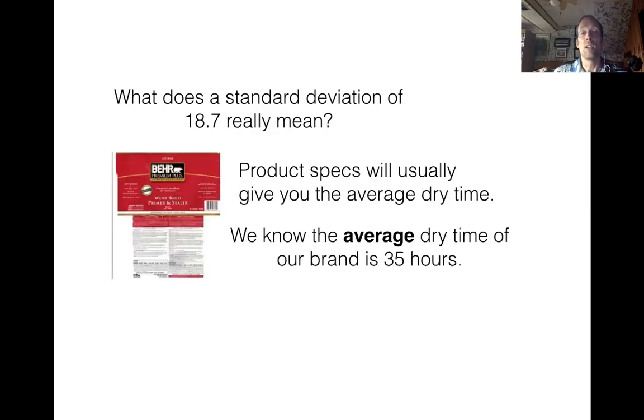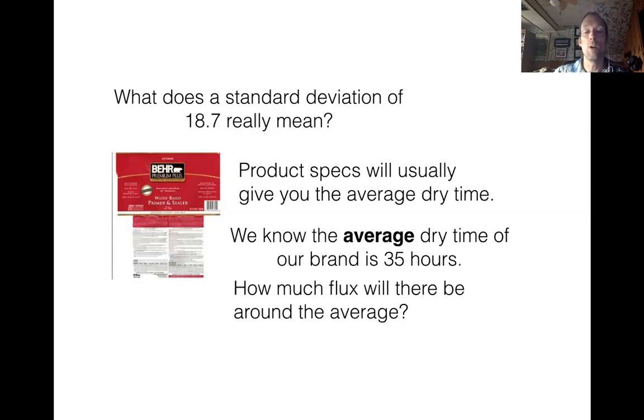So here's what I want you to think of. When you're painting a room, and you let the paint dry, is the paint going to dry in exactly 35 hours to the T? Like if you're standing there holding a stopwatch and at 34 hours and 59 seconds, the paint is still wet, but as soon as your stopwatch rolls over 1 second more to 35 hours, it's like, boom, all the paint's immediately dry.